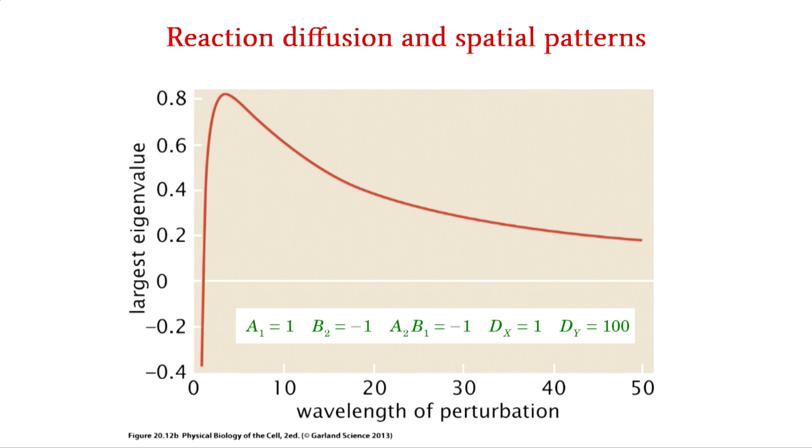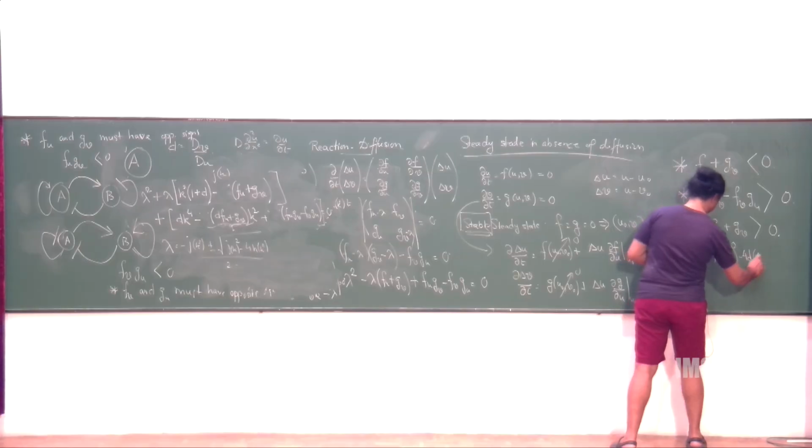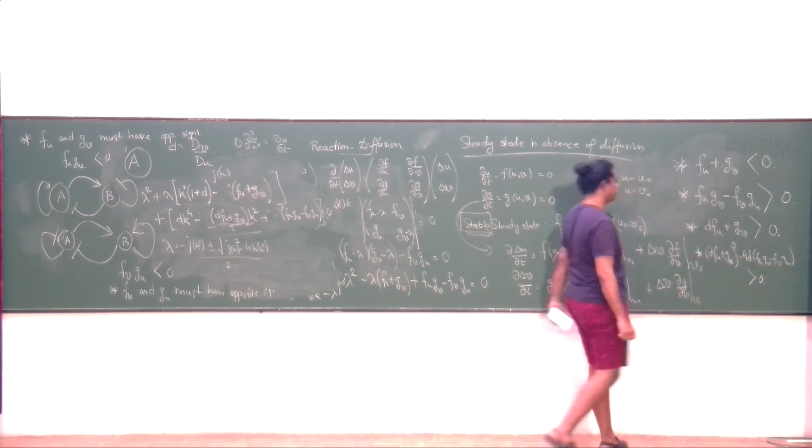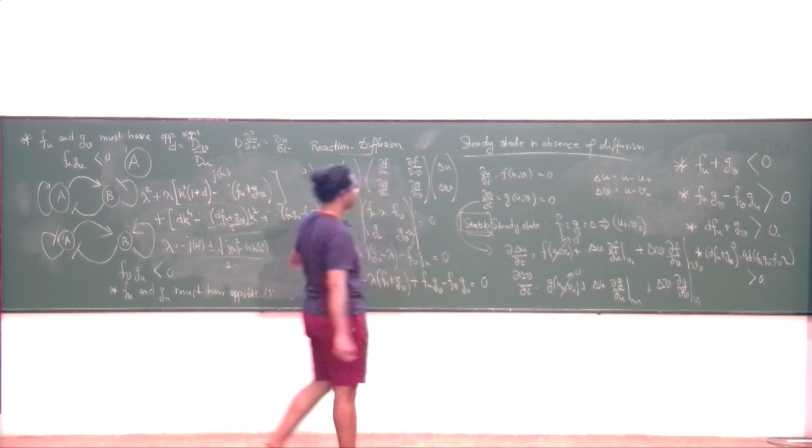The final condition is over here: (dFU plus GV) whole squared minus 4D times (FUGV minus FVGU) has to be greater than 0. That has to be satisfied so that you have a net negative over here.